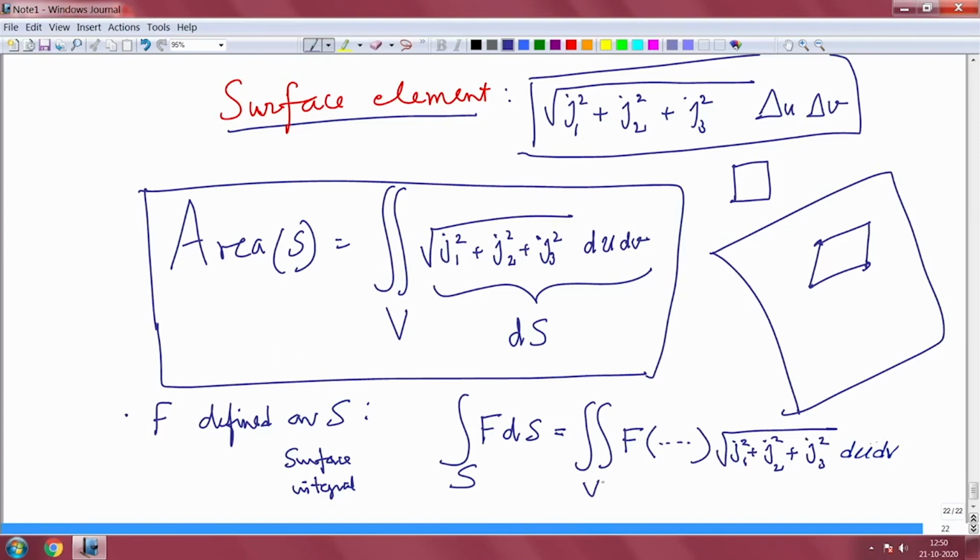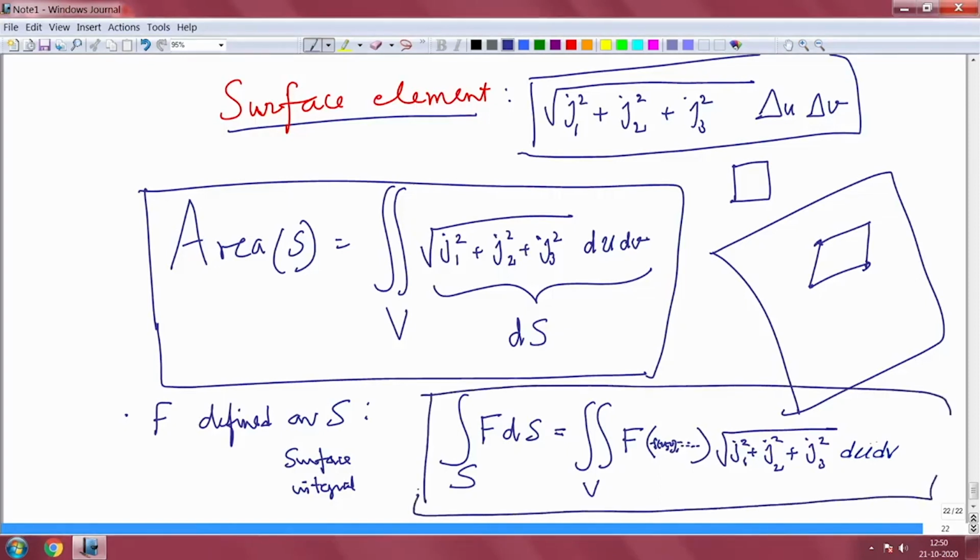Because the function is defined on S, but every point of S can be viewed as a point from here, you have to write f of u v like that. This is called the surface integral.